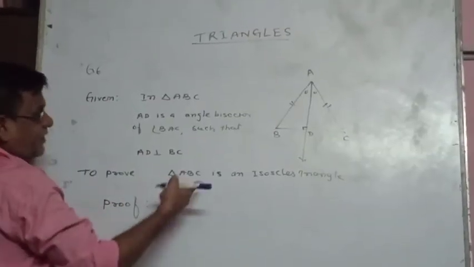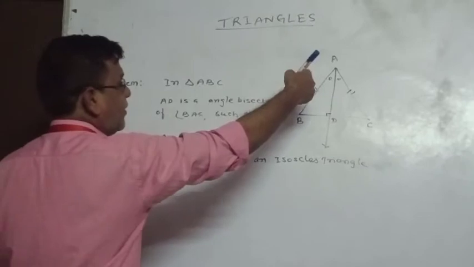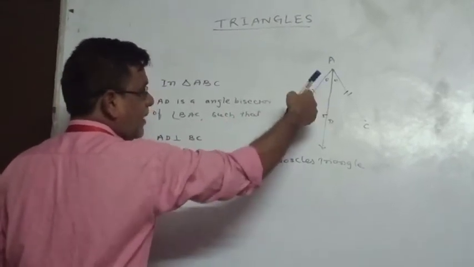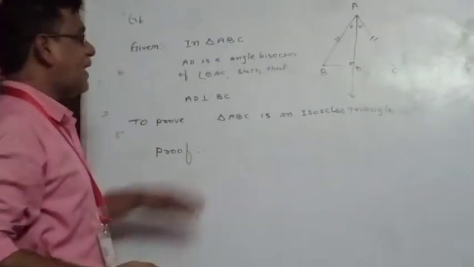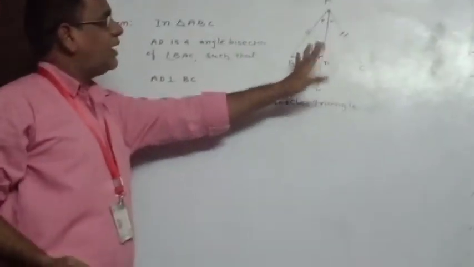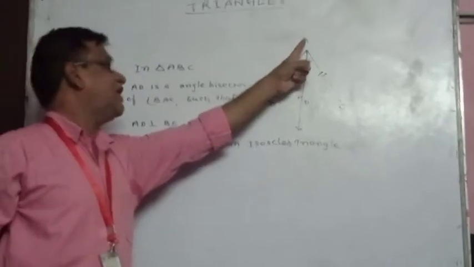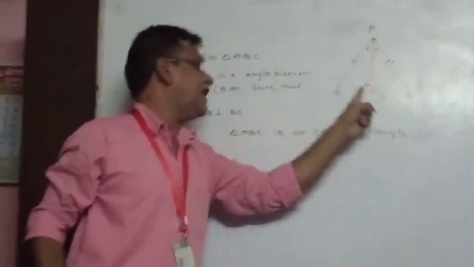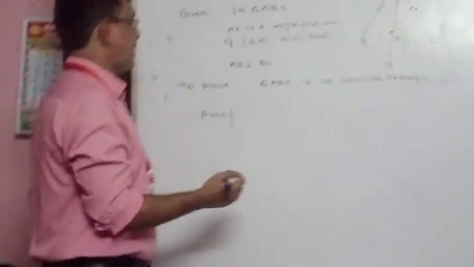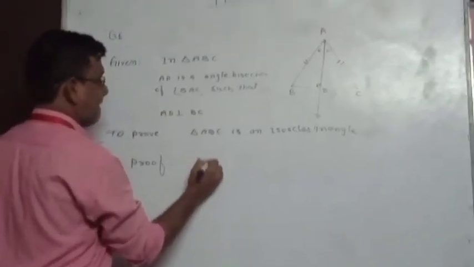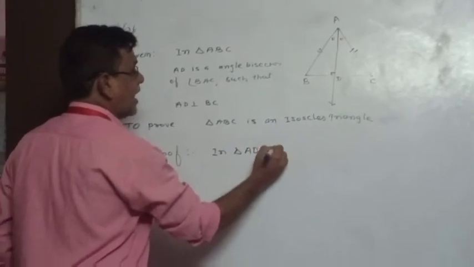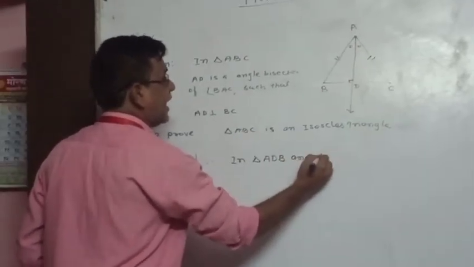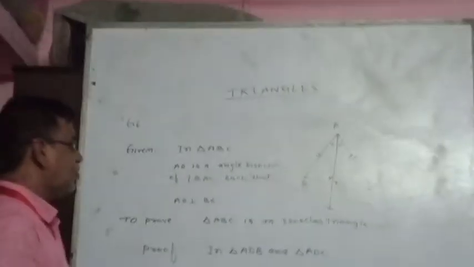In triangle ABC, we already know that AD is the angle bisector of angle BAC. Okay. Now, by this angle bisector, we create two triangles there. One is ADB and one is ADC. Now in triangle ADB and triangle ADC, in these two triangles, what we know?